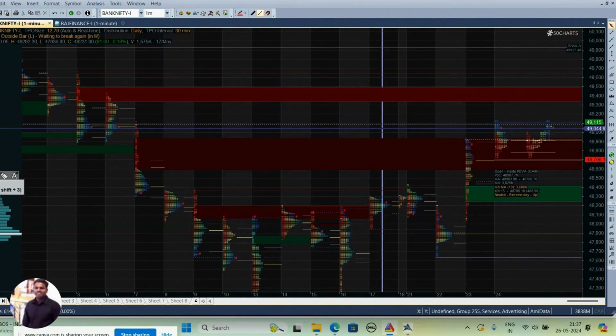Where does it start? Once we check any distribution profile file, you can see the trend starts from here. Once the trend starts, the four stages of market activity begin. What is the distribution file?